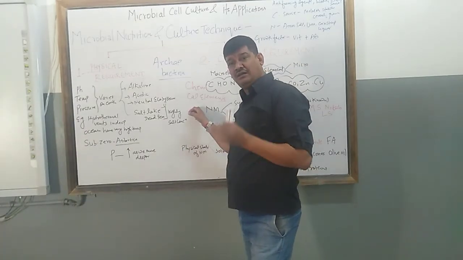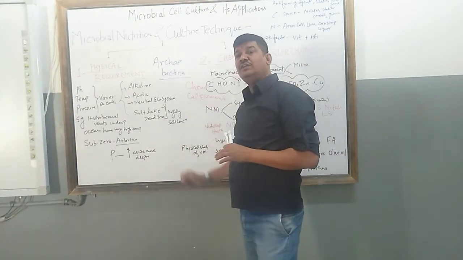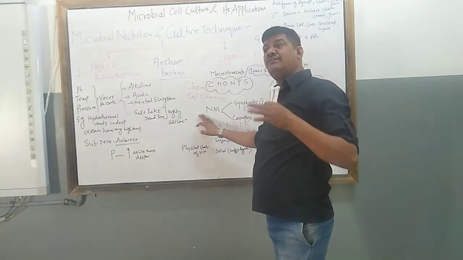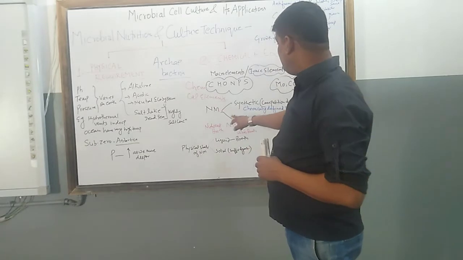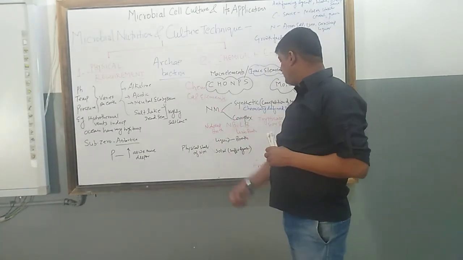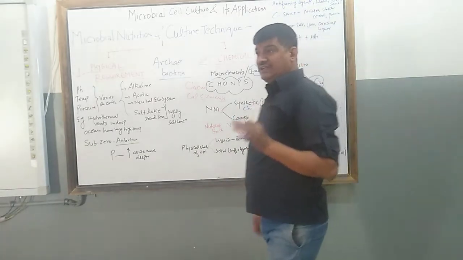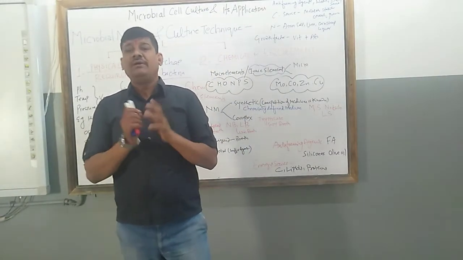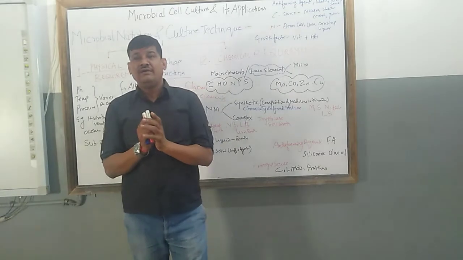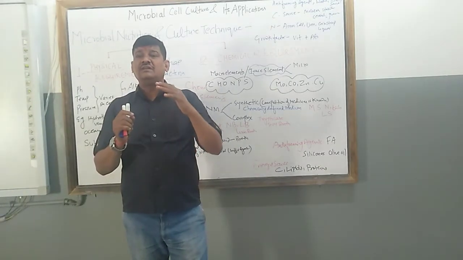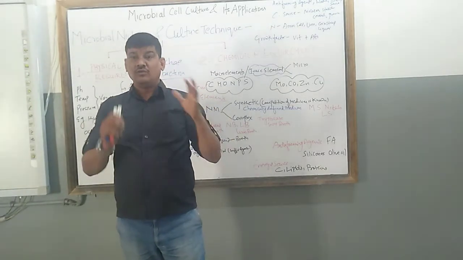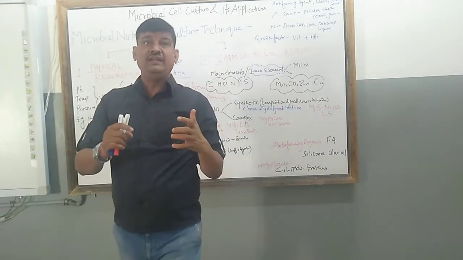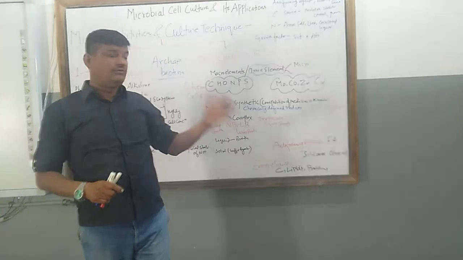So we are using nutrient medium, and these are divided into two groups, called the synthetic medium and the complex medium. Synthetic medium, we already studied in tissue culture and animal cell culture, because these have a precisely known chemical composition, that is, the appropriate quantity is included.